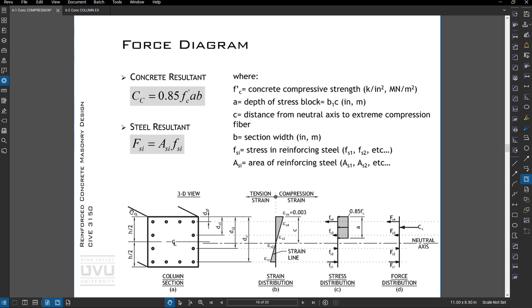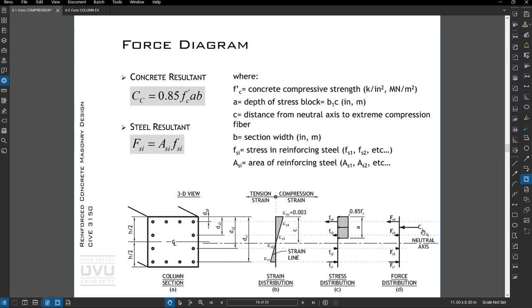And then Fs4 is going to be multiplied by 4 bars. So we write this as Fsi, with i being the numbers 1, 2, 3, 4 here, times the area of these layers, the 1 layer, the 2 layer, the 3 and the 4 layer, times the stress that we calculated on the previous slide. Once we have that, we have a force distribution.